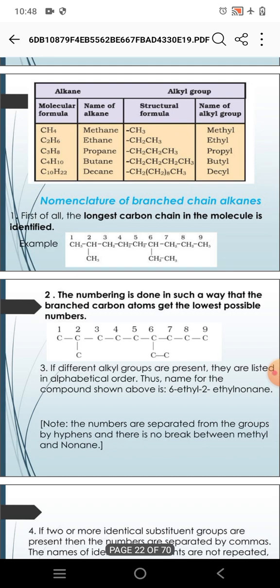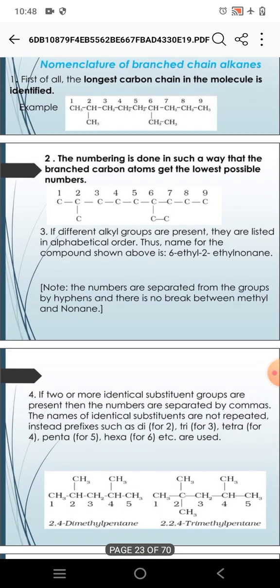And then CH2, CH2, CH3. Next, the numbering is done in such a way that the branch carbon atoms get the lowest possible numbers. Next, the third point: if different alkyl groups are present, they are listed in alphabetical order.